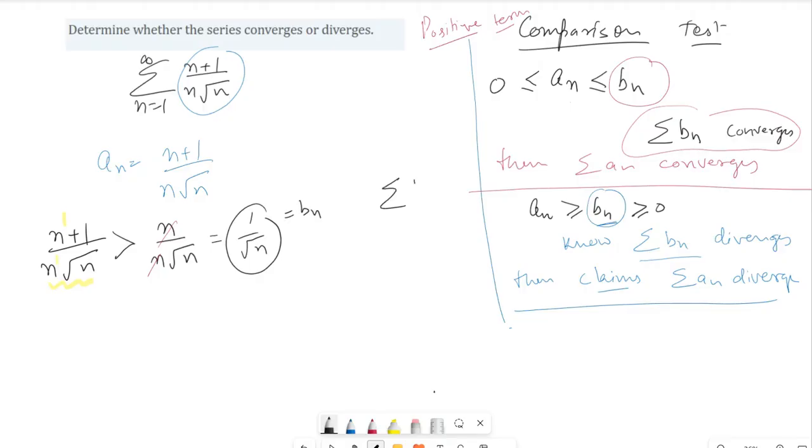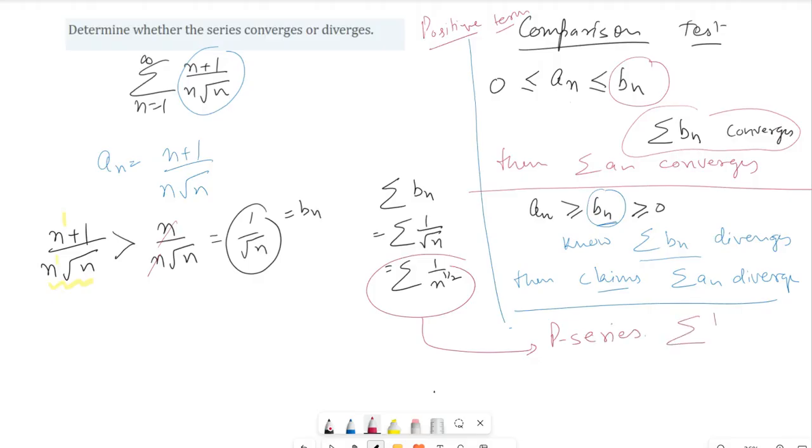What do we know about sigma b_n? Sigma b_n will be sigma 1 by root n. You can also write it as sigma 1 by n power half. This is a p-series. This is an example of a p-series. What is a p-series? Any series of the type 1 by n power p.